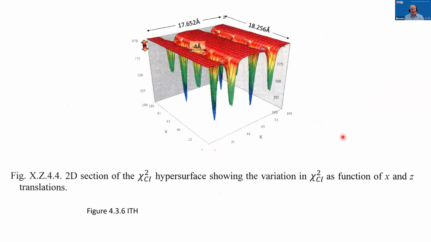Another way of looking at the problem is in this figure, also from Bill David's chapter. Solving a structure is an example of what's called a global minimization problem. And the idea of this figure is the z-axis is chi-squared, so the fit of a model to the diffraction data, and this is 2 different translations of a fragment.